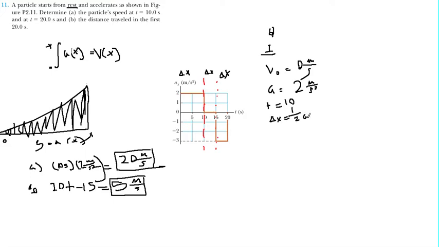It's going to be equal to 1/2 at squared plus v0t. Then we can just plug in: 0.5 times 2 times 100, plus 0. And that ends up being 100 meters. So for part 1, that's going to be 100 meters.